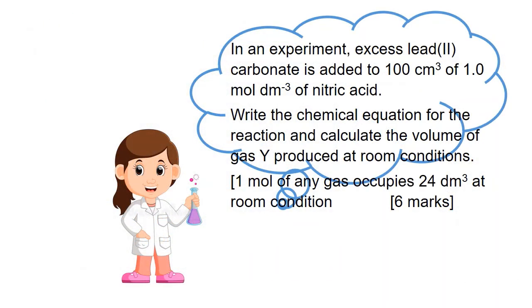In an experiment, excess lead(II) carbonate is added into 100 cm3 of 1 mol dm-3 nitric acid. Write the chemical equation for the reaction and calculate the volume of gas Y produced at room conditions. Given 1 mole of any gas occupies 24 dm3 at room conditions.